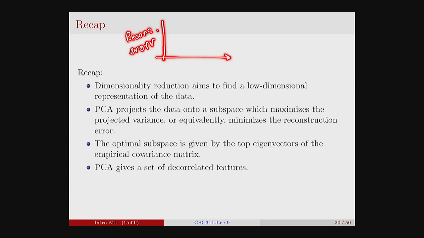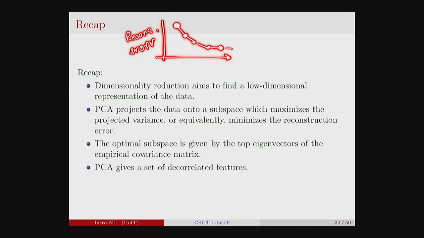As you can imagine, if you have k equal to 1, you explain some amount of variance. As you go to k equal to 2, you explain more variance. So, sorry, this is the residual variance that is unexplained as a function of k. As you pick more and more features, you'll find that they explain more and more of the total variation in your covariance matrix.